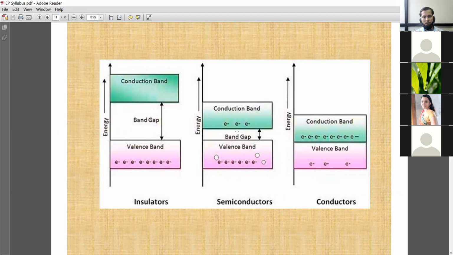Next, semiconductors: as compared to insulators the energy band gap is less. If here we consider 0.5 to 2, then here it is 0.2 to 1.5 etc., and there is an overlapping. So different levels are there, depending upon how we are classifying the material.